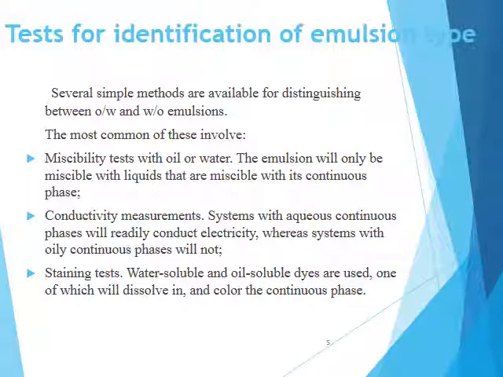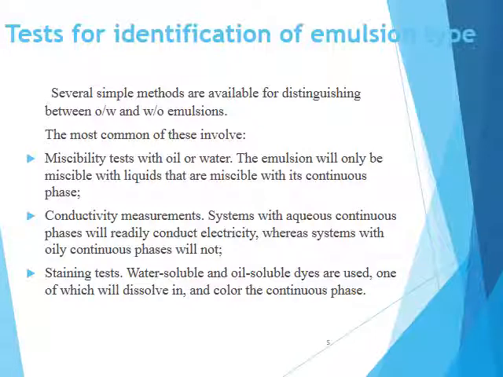For the miscibility test, in this case we are using water or oil to see the miscibility of the emulsion with the water or the oil. If it is miscible with the water, it's oil and water emulsion. If it is miscible with the oil, then we have water and oil emulsion. For the conductivity measurement, if the emulsion is conducting the electrical current, then it's oil and water emulsion.